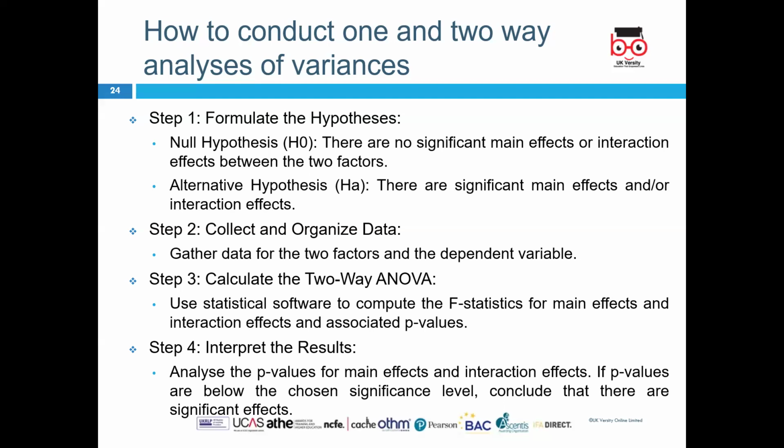Basically, we use the F statistics to analyze the main effects and interaction effects and the associated p-values. And finally, the interpretation of the results. The p-values are analyzed for main effects and interaction effects. If p-values are below the chosen significance level, we conclude that there are significant effects.